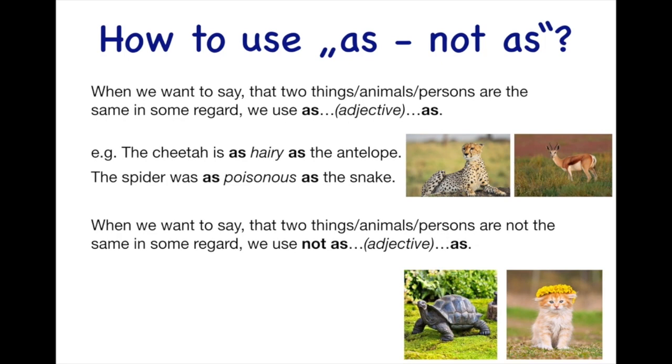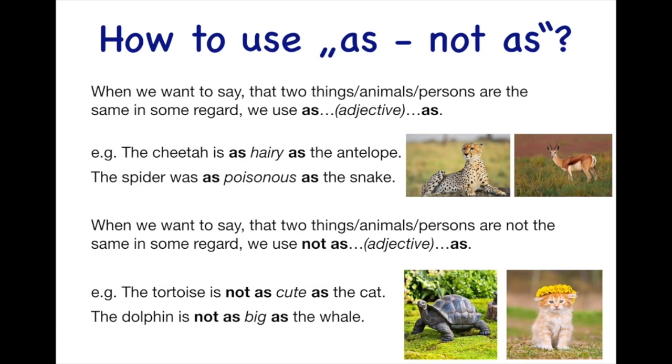And probably most people would agree that the tortoise is not as cute as the cat. So you would say the tortoise is not as cute, also süß, as the cat. Another example would be the dolphin is not as big as the whale.